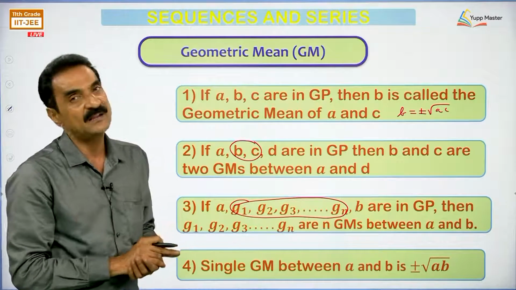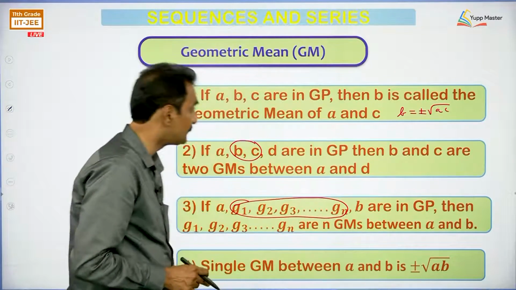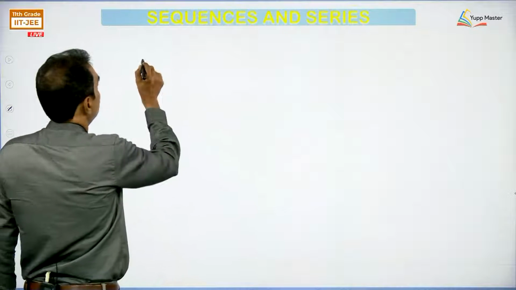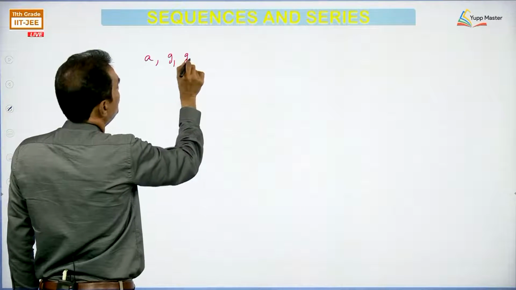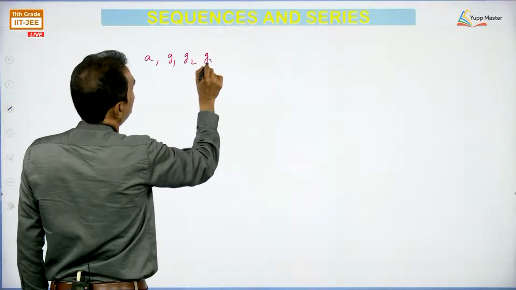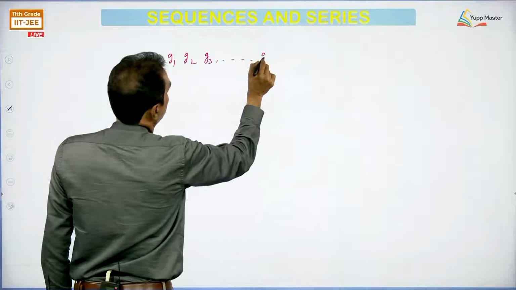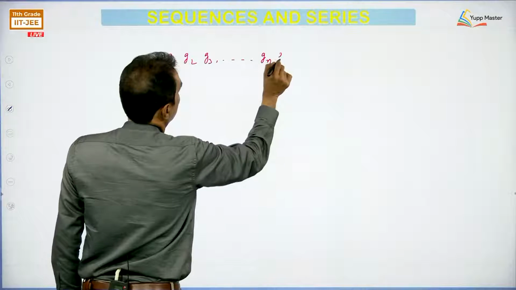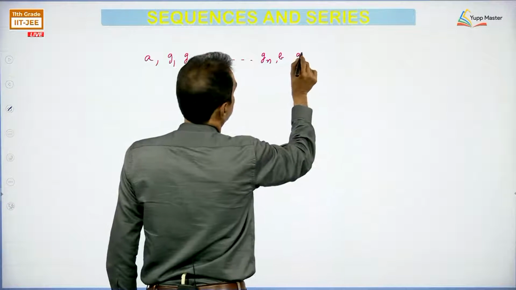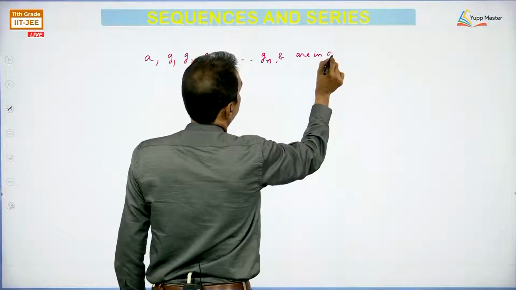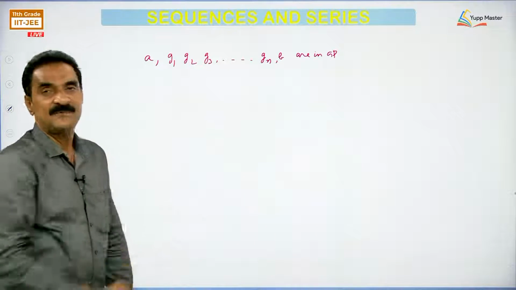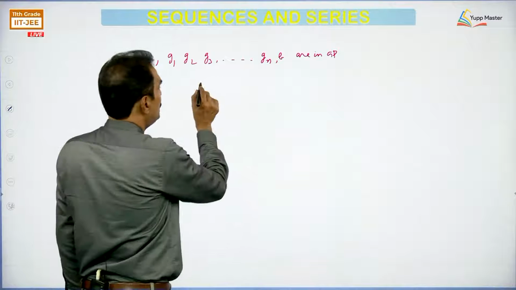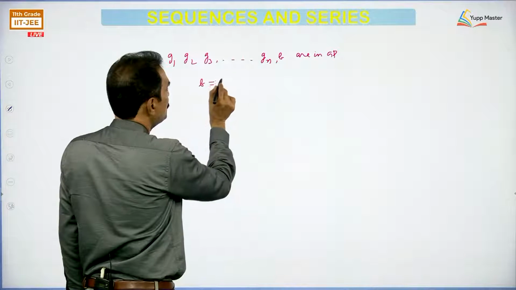First we have to calculate the common ratio. A, G1, G2, G3 and so on Gn, B are in GP. Alright. Then the total number of terms is n plus 2. So B is equal to T n plus 2.